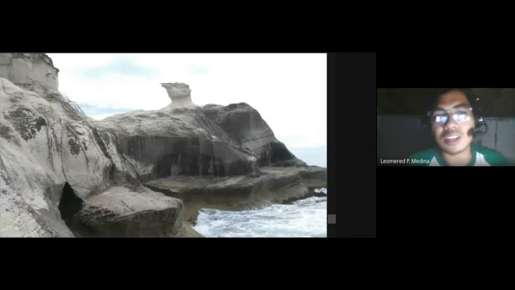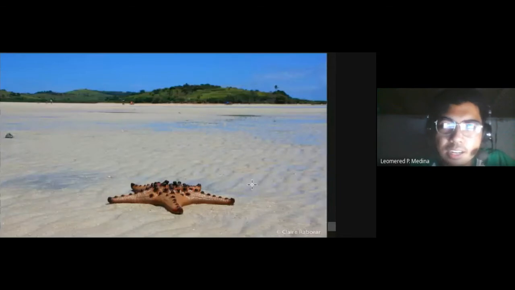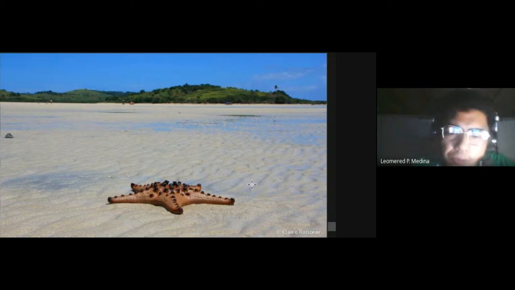So in this particular area, a lot of sand will obviously have undergone the process of sedimentation because of a lot of weathering, because of the forces that happened for these different types of sedimentary rocks to break down.